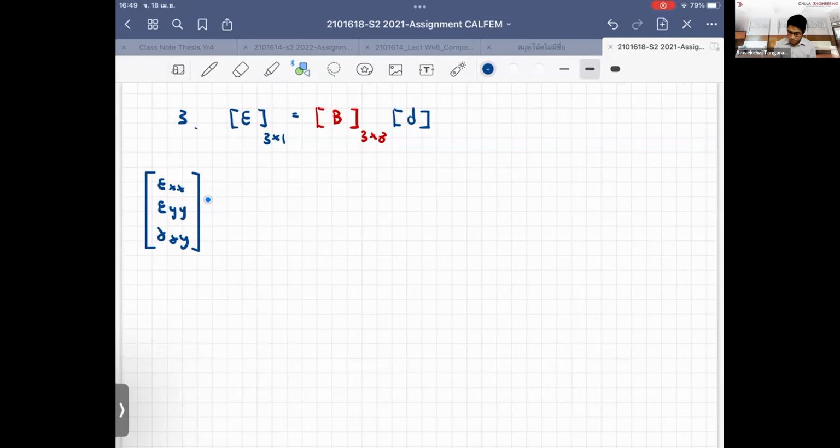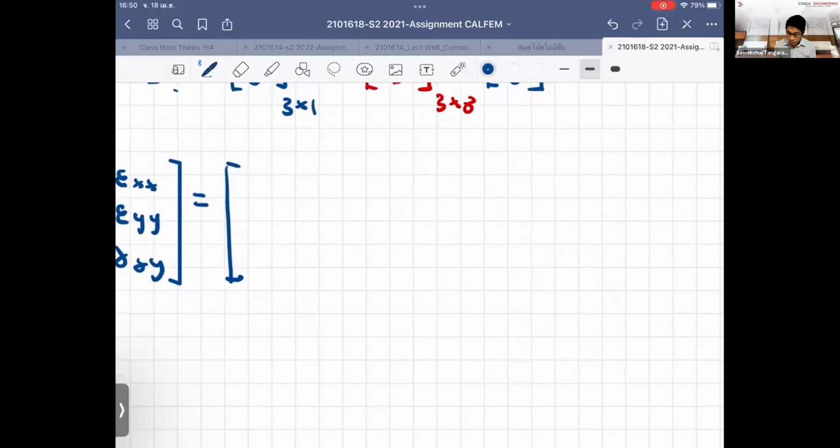Okay. You can just bear with me for a second. So this is the standard definition of the strain.